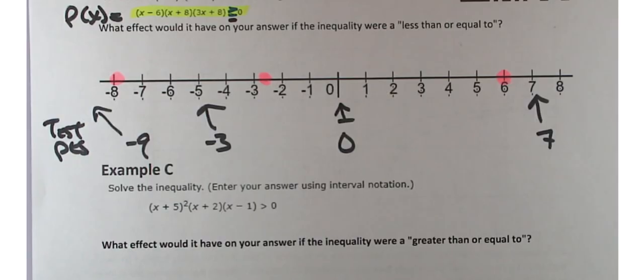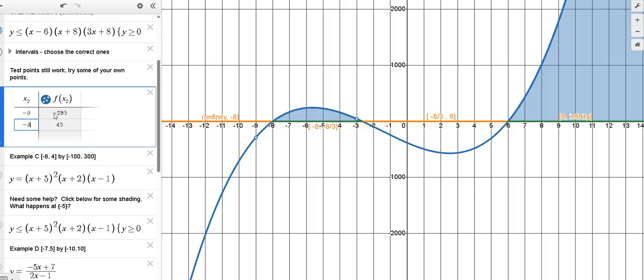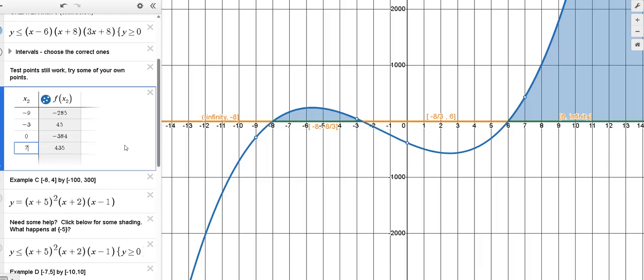Let me show you why this works with my little link on Desmos. So when I do my test points, let's start with negative 9, and then let's see where else. Negative 3, 0, and the last one would be 7. Those points are right here, and here, and here, and here.